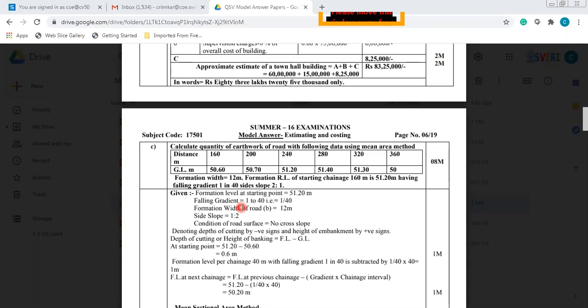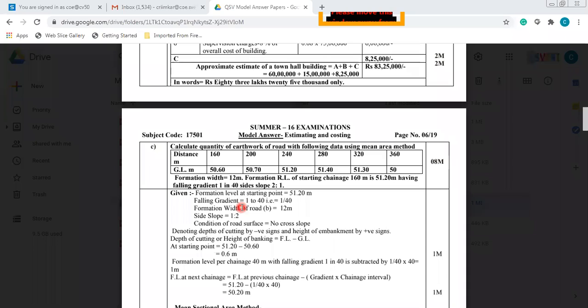Okay, now what is my formula to determine the formation level at 200 meters, and at 240 meters? My formula is: formation level at the next chainage equals formation level at the previous chainage minus gradient multiplied by the chainage difference.